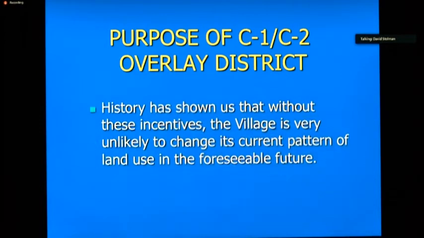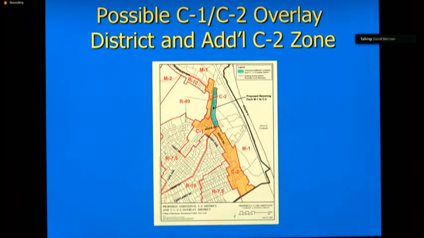I think it's important to note that history has shown that without these incentives in this overlay district, the village is very unlikely to change its current pattern of land use in the foreseeable future. And I think that's what we're trying to achieve. So here we have a map showing, in the brown, the original C1, C2 overlay district, encompassing all of the C2 district and part of the C1 district to the circle.